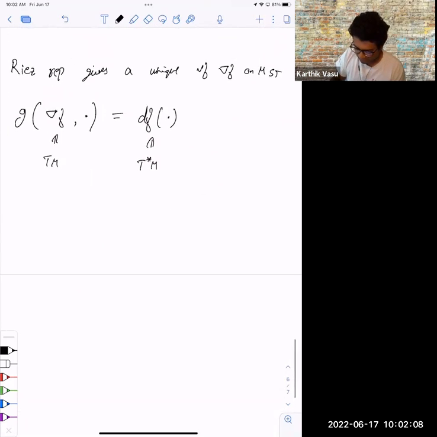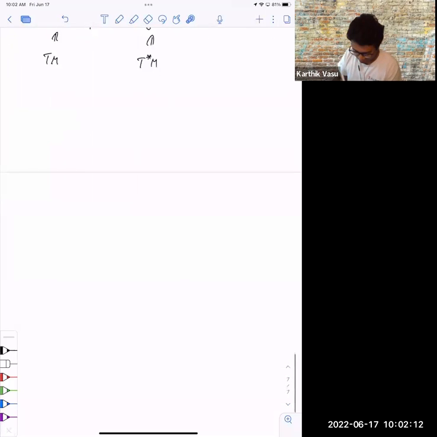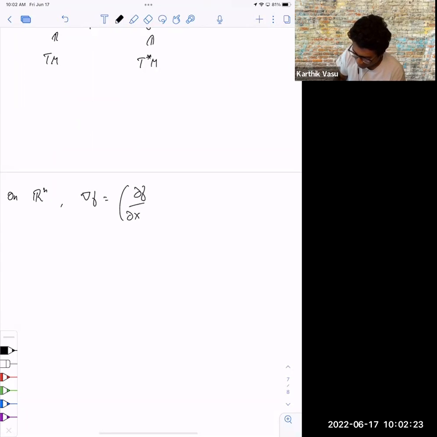Now, this is a vector field, and it has the property of being the gradient, which we know already. On R^n, the gradient of F will be nothing but the same thing we know. It'll just be the partial derivatives.